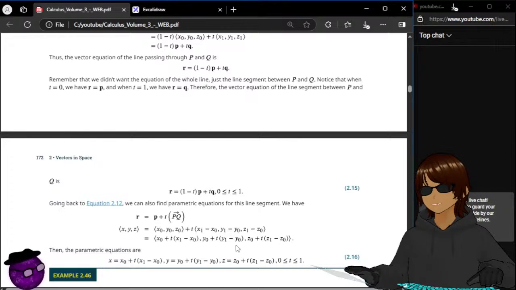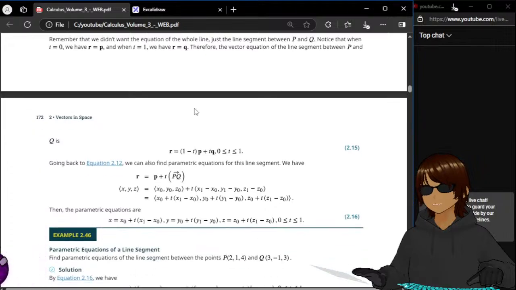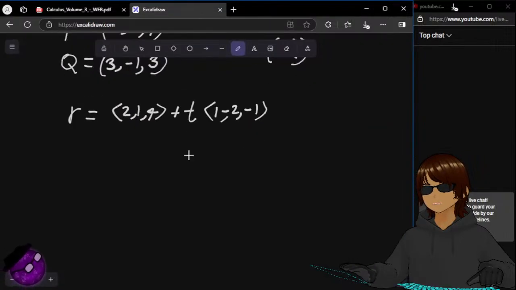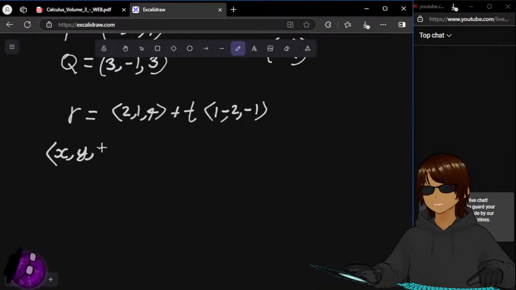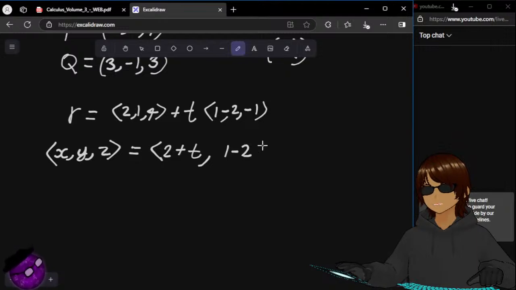So they got this. You're finding the parametric equation. X, Y, Z is 2 plus t, 1 minus 2t, and then 4 minus t.